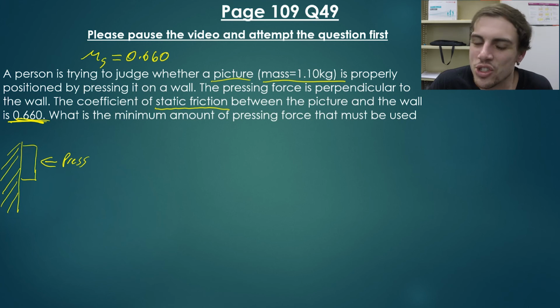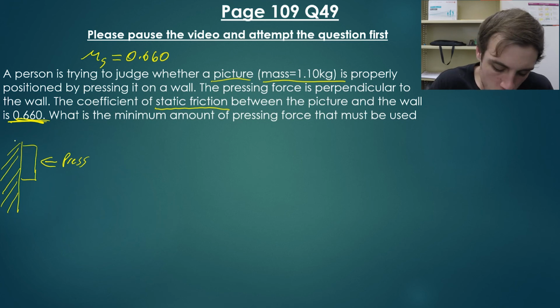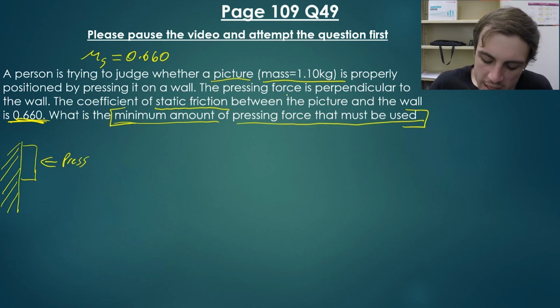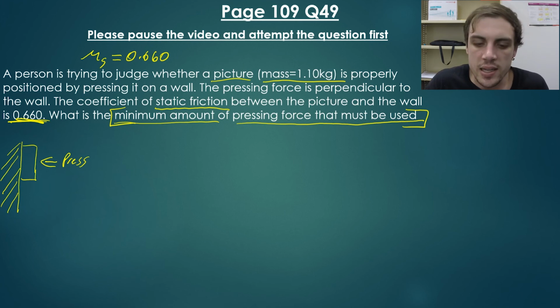So they basically just told us one of the formulas that we need to use. So this is between the picture and the wall, so that's here. What is the minimum amount of pressing force that must be used? Okay, so basically what the question is asking is, how much force do we need to press here to make sure that this picture stays up?